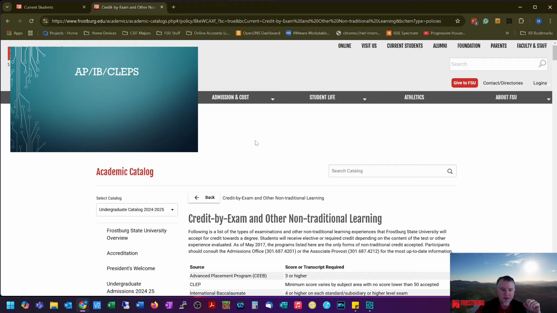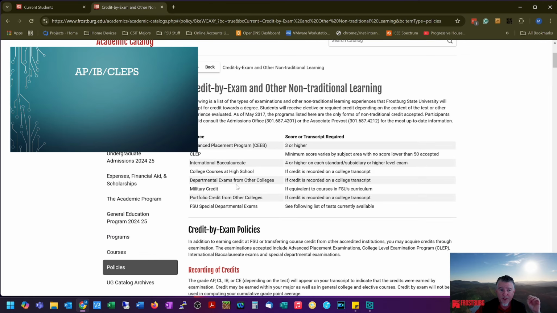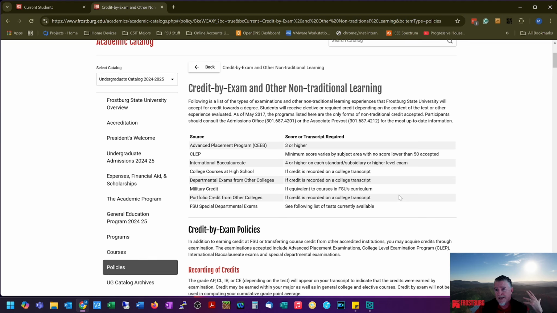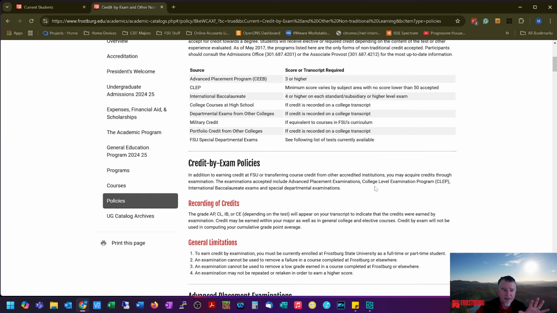If we click on this, we're going to immediately see that Frostburg State University accepts the advanced placement, CLEPs, international baccalaureate, that's the IB, and a variety of other things based on maybe articulated credit or MOUs, that's memorandums of understanding, right? So a lot of different things that we can look at there.